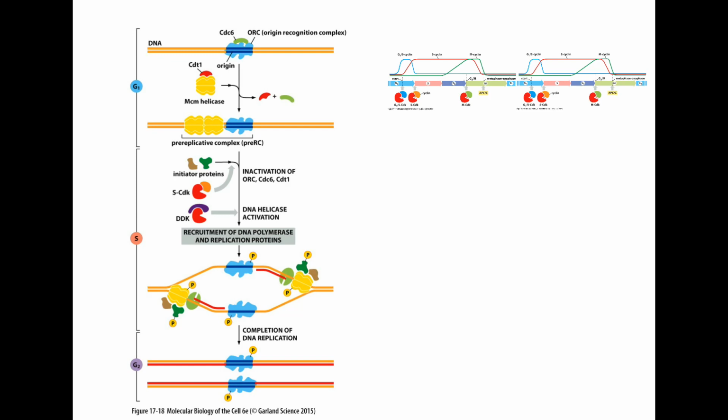And that leads to a series of steps that I don't want you to focus on too much, but notice that what's going on here is that we have the final accumulation of components that produce replicases, the DNA polymerase that can now actually move the replication fork and make a copy of the genome, and everything is phosphorylated.